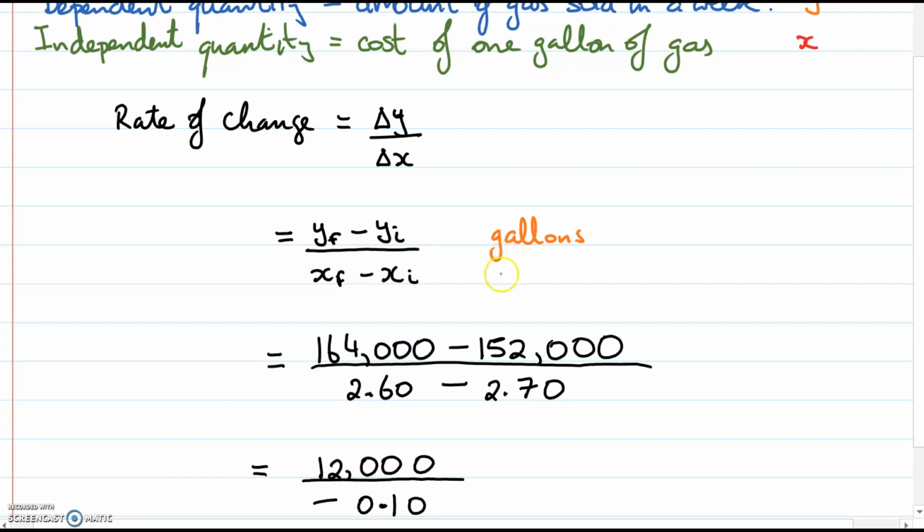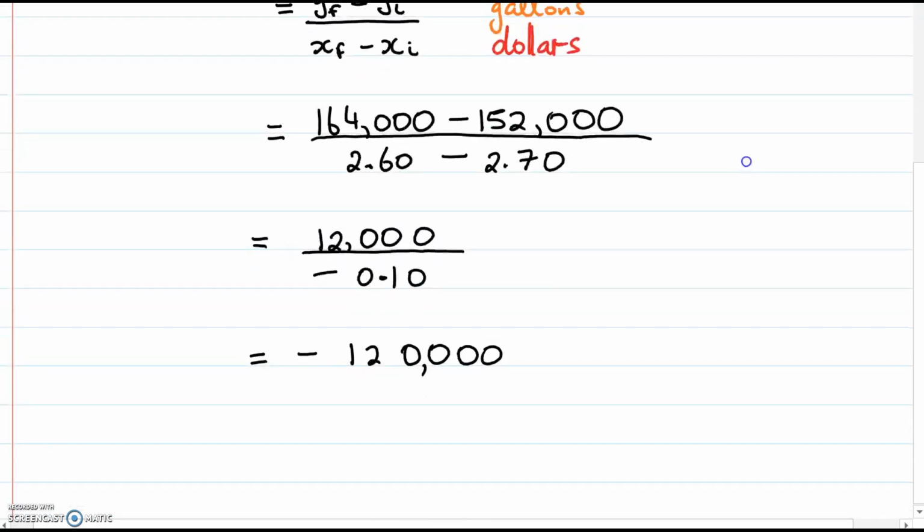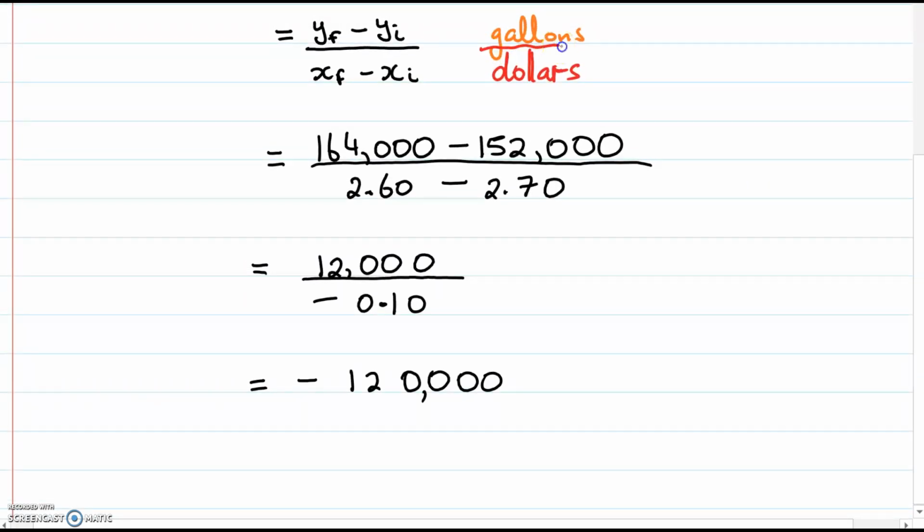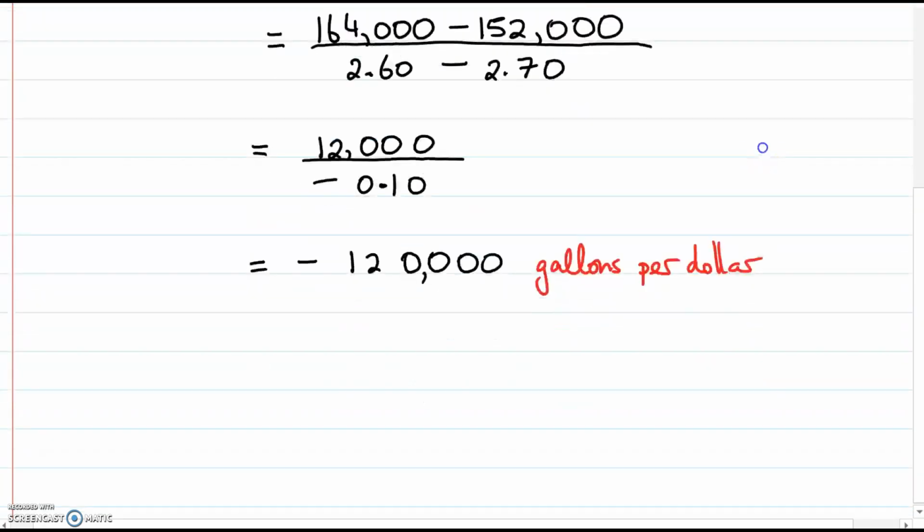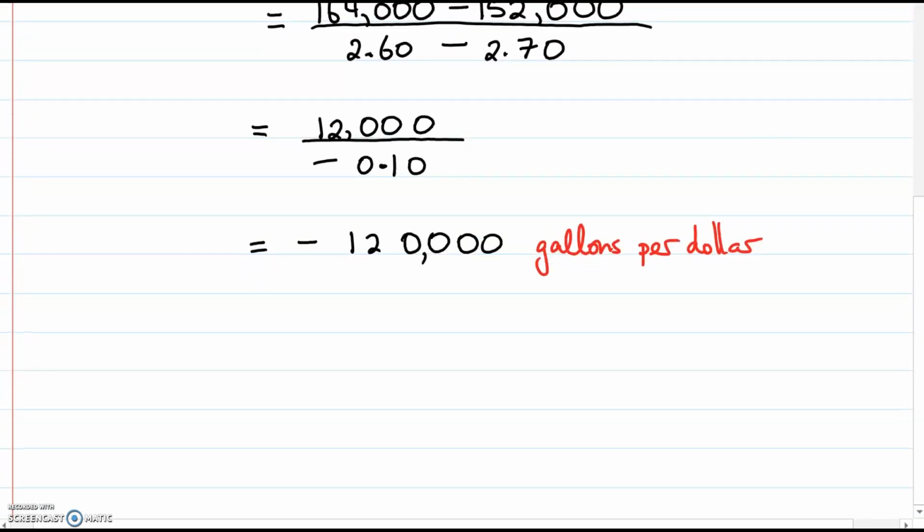So we put our units here. When we're trying to figure out the units, we figure out the units of the top line and the units of the bottom line. So it's gallons over dollars. So this is negative 120,000 gallons per dollar, because when we talk about units, over translates into the word per. Now what does it mean? It's still a sort of bizarre statement. The rate of change is negative 120,000 gallons per dollar.